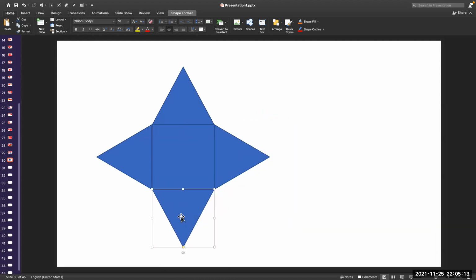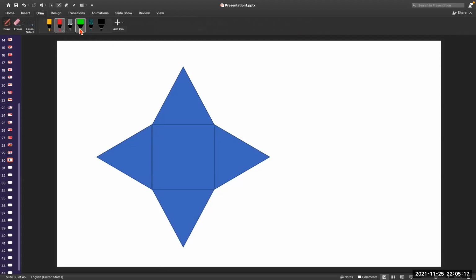You just divide and conquer. This is a composite figure, and it is made up of four similar triangles plus a square. So how do you find the area of this composite figure?